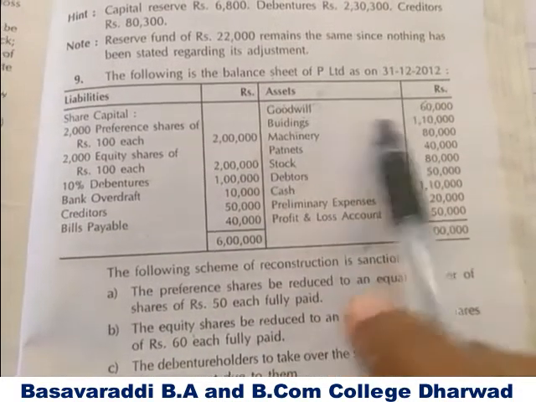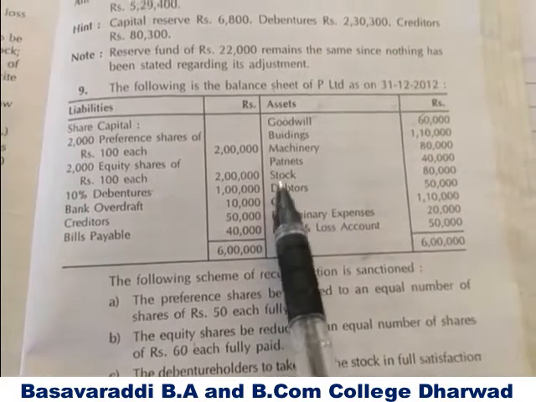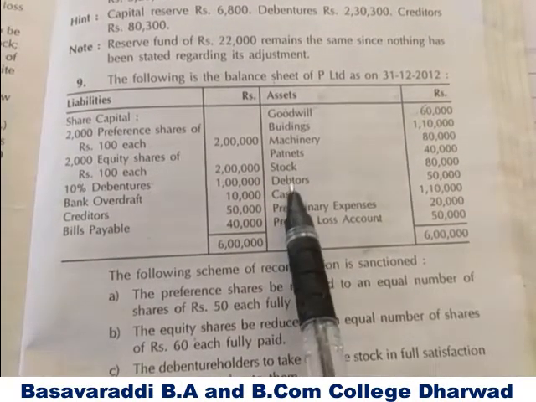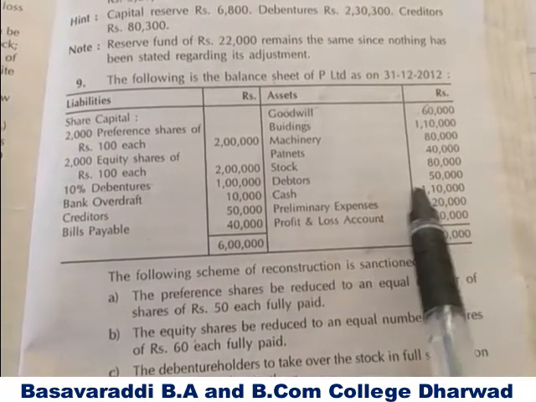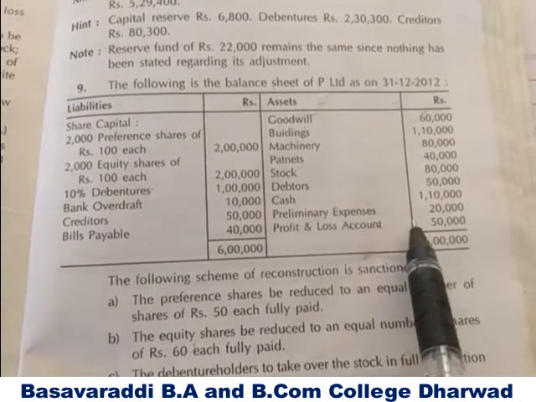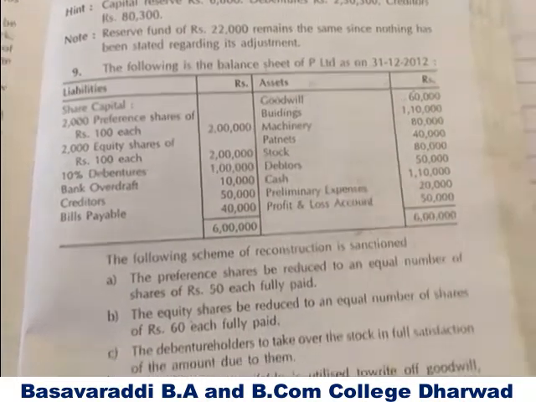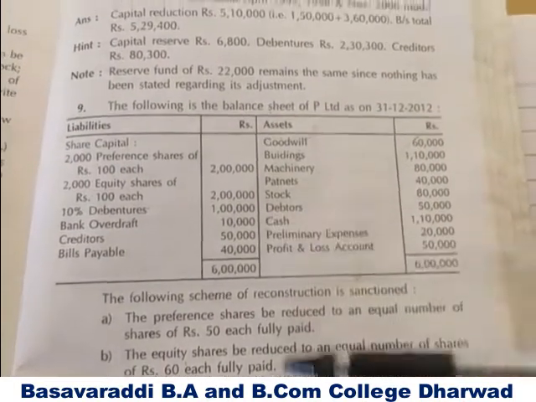Goodwill 60,000, building 1,10,000, machinery 80,000, patents 40,000, stock 80,000, debtors 50,000, cash 1,10,000, preliminary expenses 20,000, profit and loss account 50,000, total 6 lakh and 6 lakh.